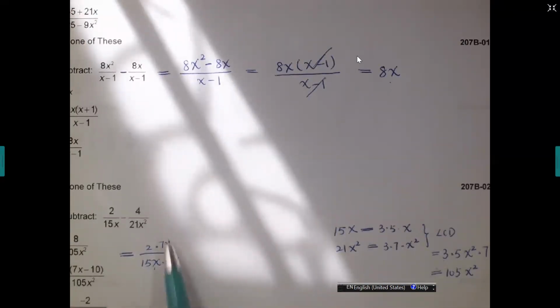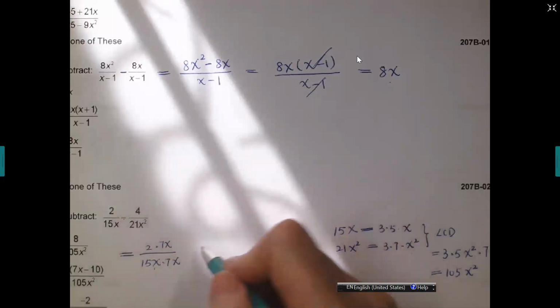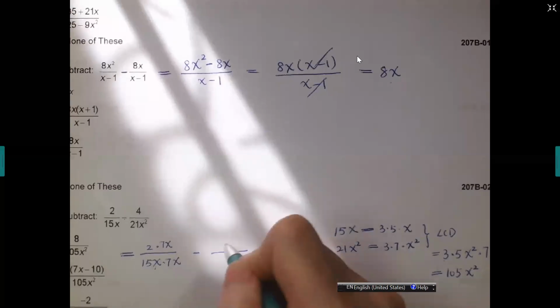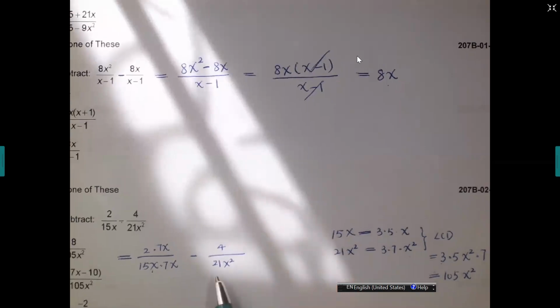Okay, see, I have changed the first rational expression. And then this, don't forget this minus. What we have originally, 21x squared. How can I turn 21x squared into 105x squared? I have to multiply by 5.